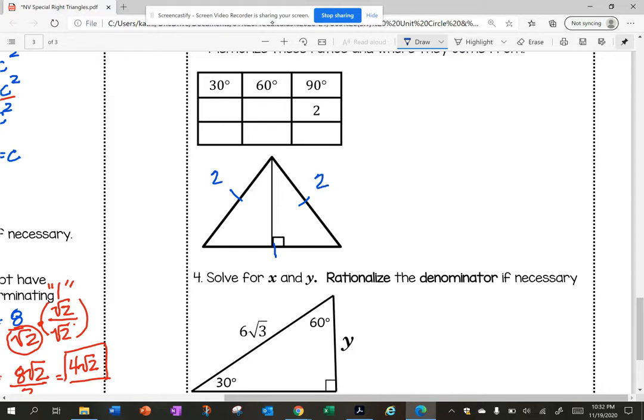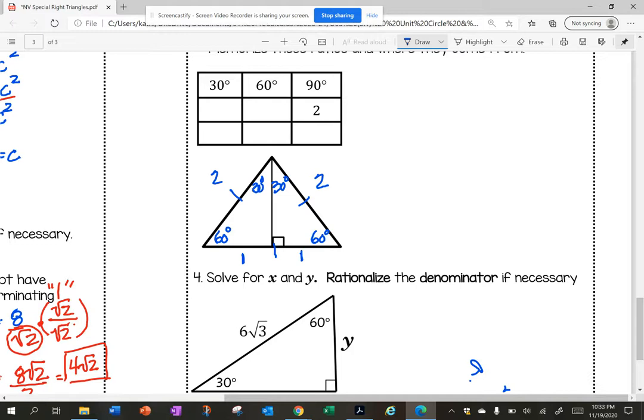If I'm drawing in the altitude here, I'm dividing this side equally in half. Since it's an equilateral triangle, I know these angles are 60 degrees. And when I divide this side in half, I also divide this angle in half. So these are 30 degrees and 30 degrees for a total of 60.